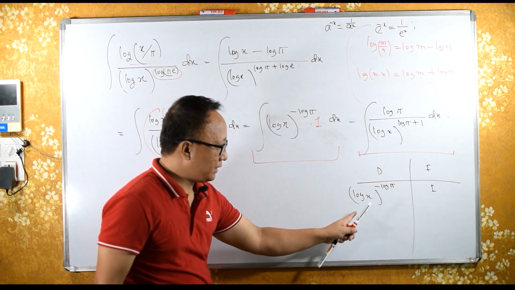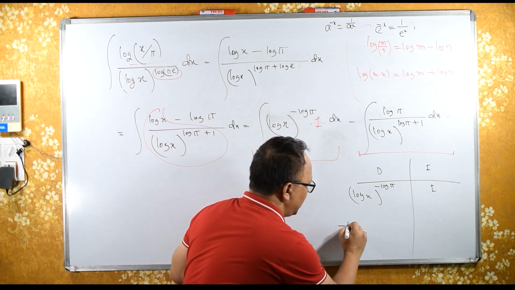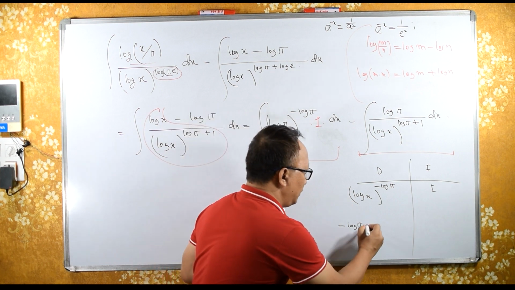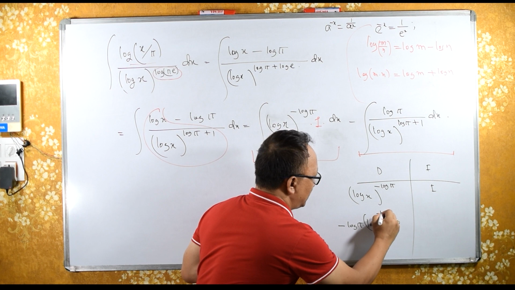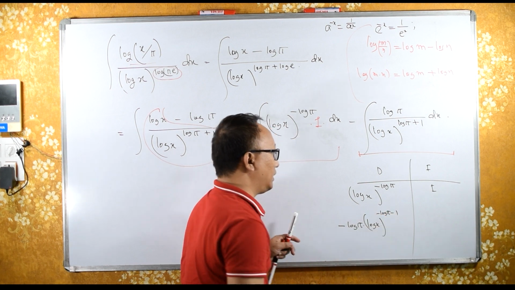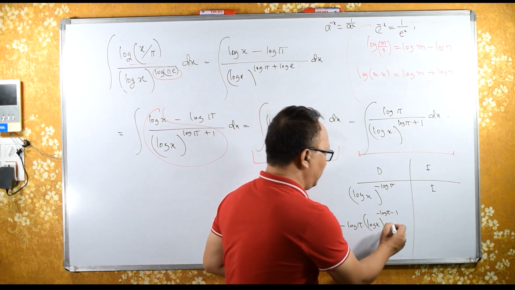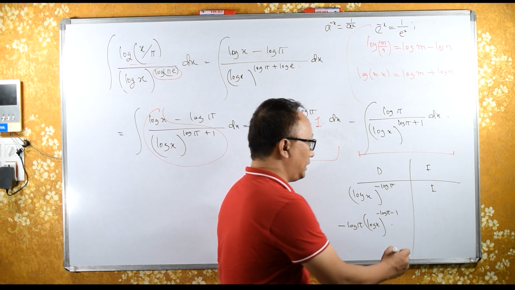Now let's differentiate this, something like x raised to n, okay. So here I will get minus log of pi into log of x raised to minus log of pi minus 1, okay. Something like x raised to n is n into x raised to n minus 1. The derivative of this is what? 0, okay, we don't have to write anything.